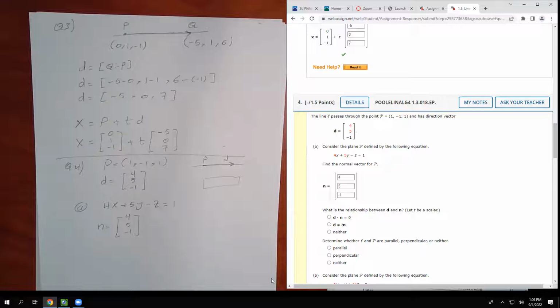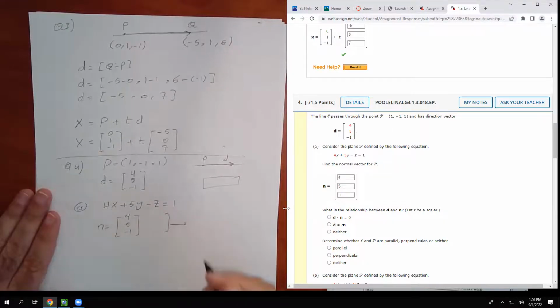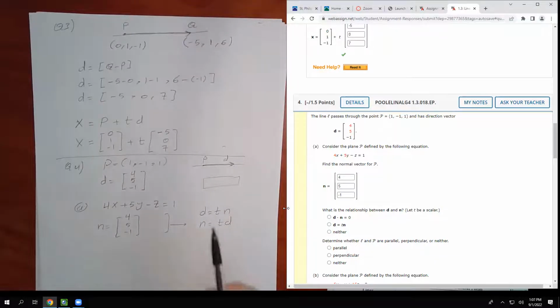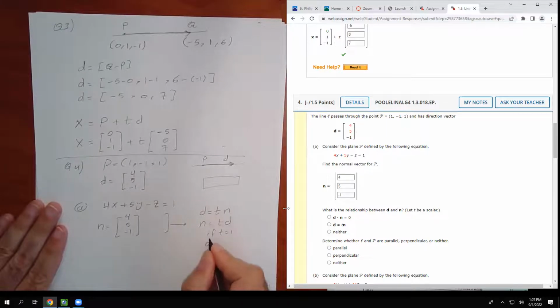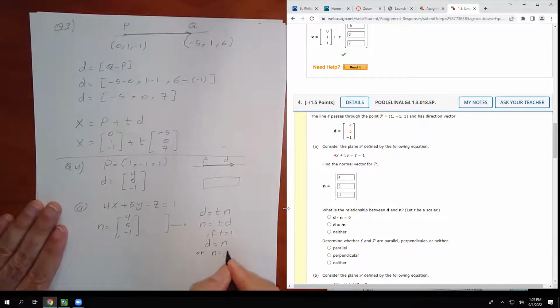They are the same. That means D equals T times N, or N equals T times D. If you consider T is 1 as a scalar, that means D is going to equal N, or N is going to equal D.